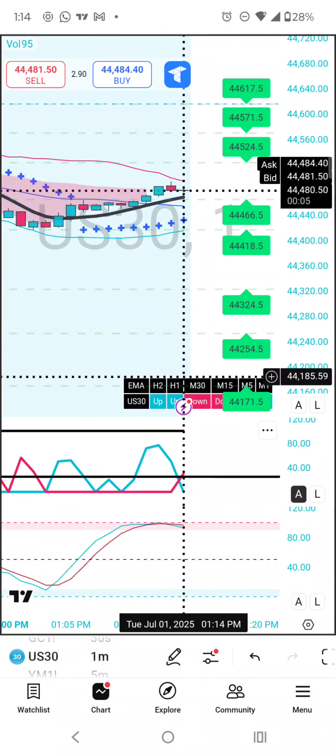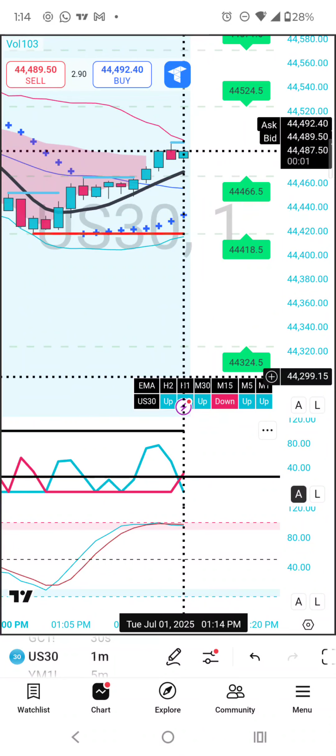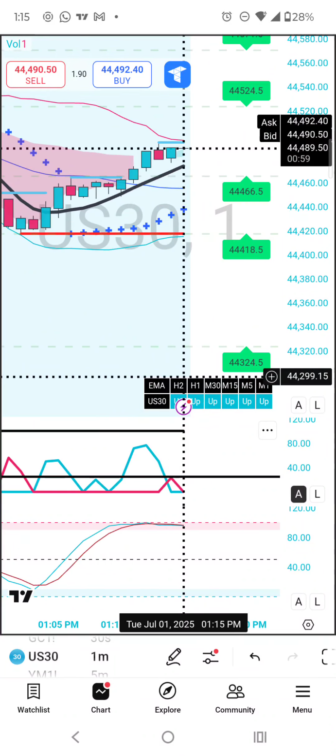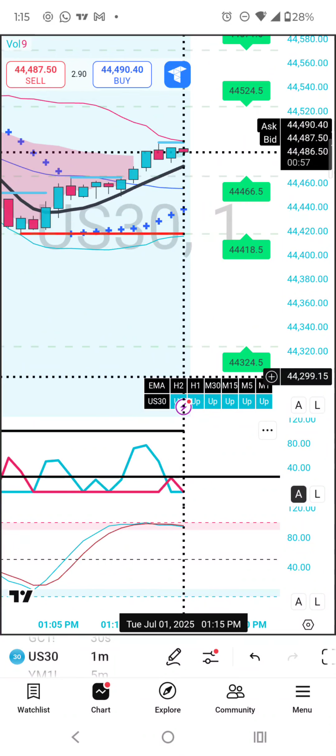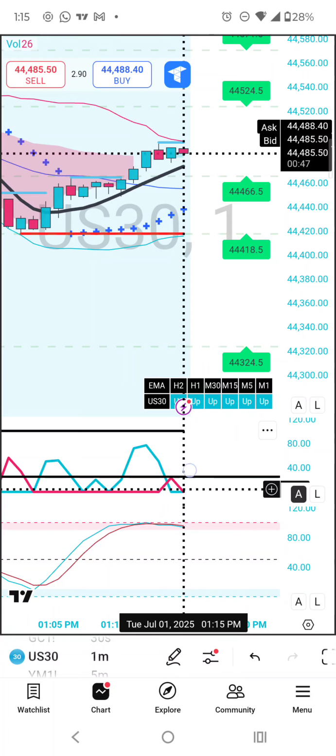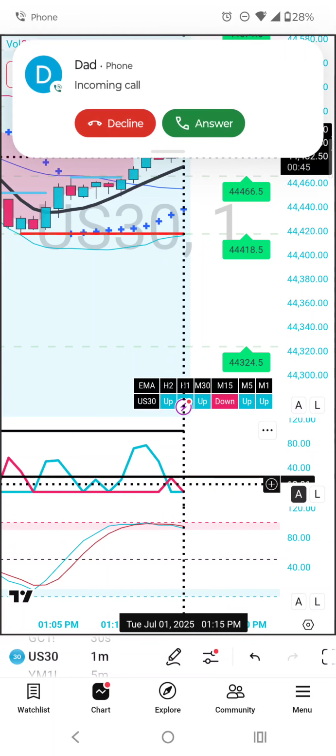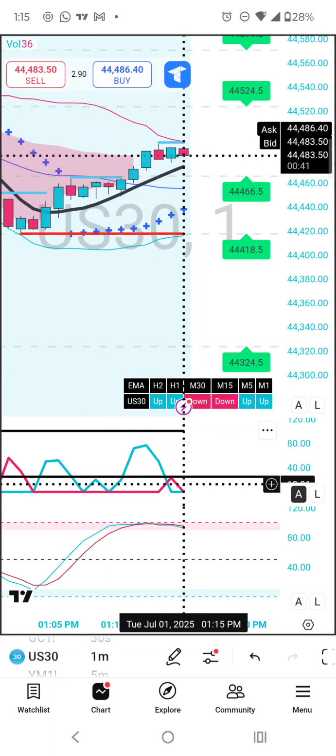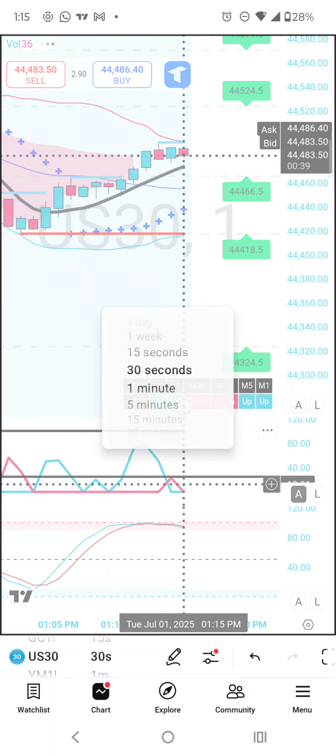Crossing over that black line. 1 minute. Everything says up, or overbought. And this hasn't decided. I'm going to do one more entry just so you guys can see.